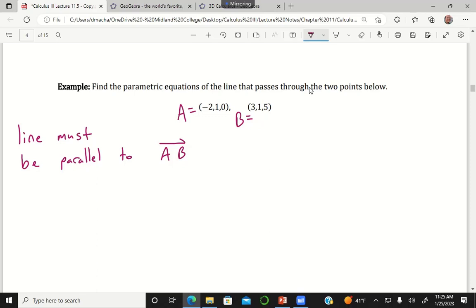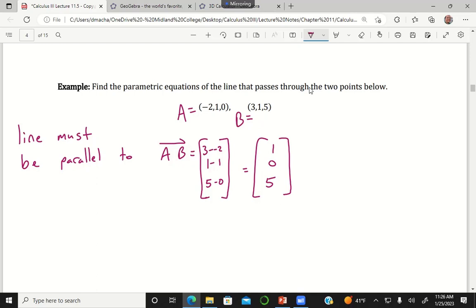This vector from A to B is going to be the coordinates of B minus the coordinates of A. So that'd be 3 minus negative 2, 1 minus 1, and 5 minus 0. So this vector is going to be 1, 0, 5.